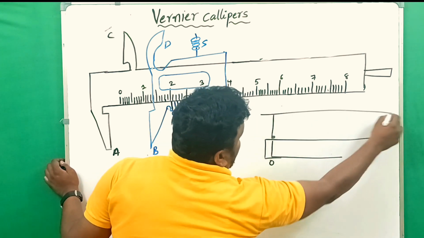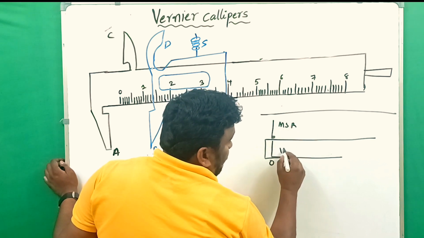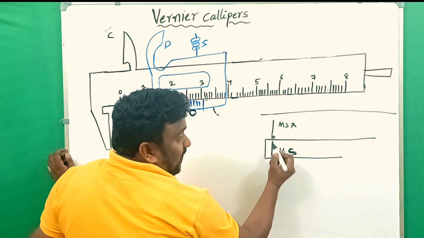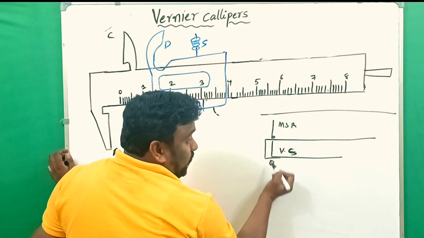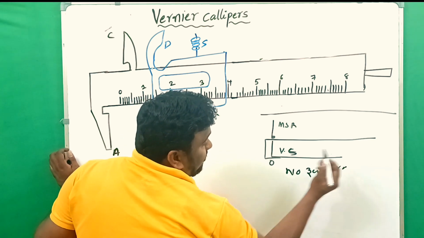This is the reading on the main scale and this is the reading on the vernier scale. Vernier scale 0 and main scale 0 must come in a line. When they coincide, there is no zero error.